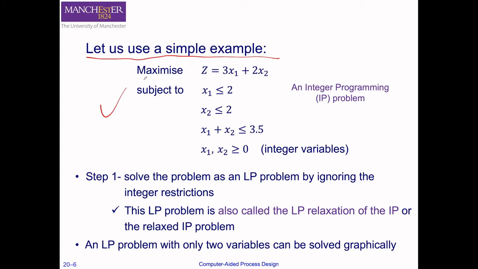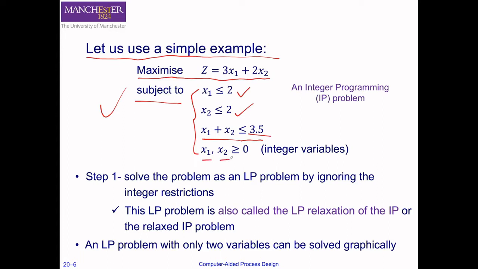In this example, we want to maximize the objective function, that is 3 times x1 plus 2 times x2, subject to some inequality constraints. x1 is less than or equal to 2, x2 is also less than or equal to 2, x1 plus x2 is less than or equal to 3.5.